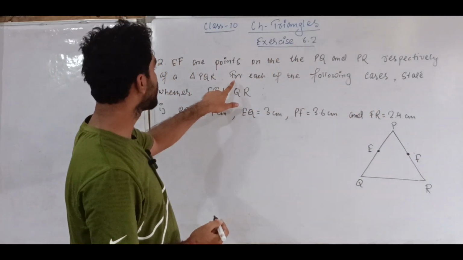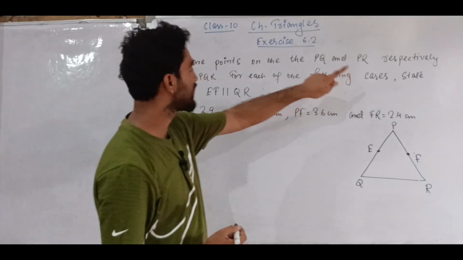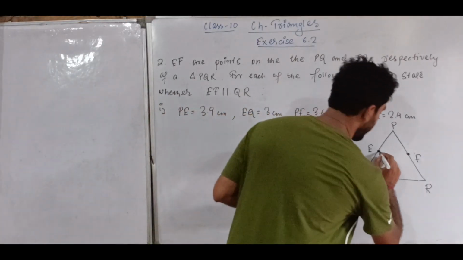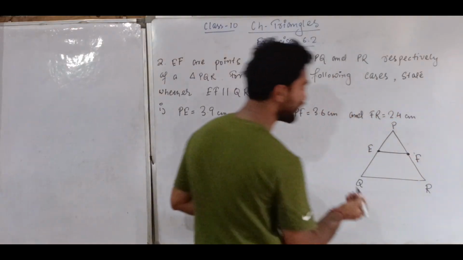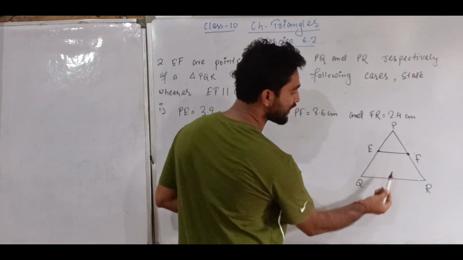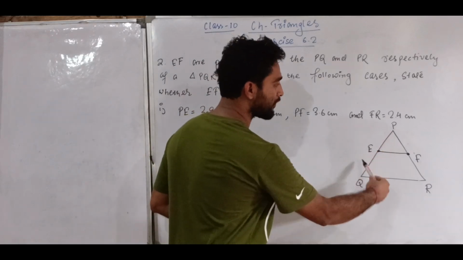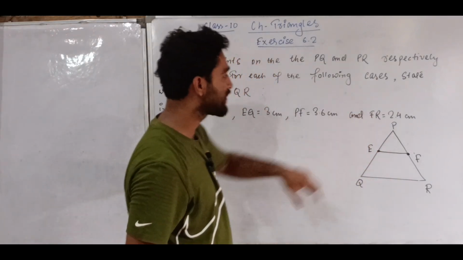So we have to check for each of the following cases, state whether EF is parallel to QR. Now if we join these two points, we have to check whether this EF is parallel to QR or not, using the ratio of the sides, or the values of the sides given.